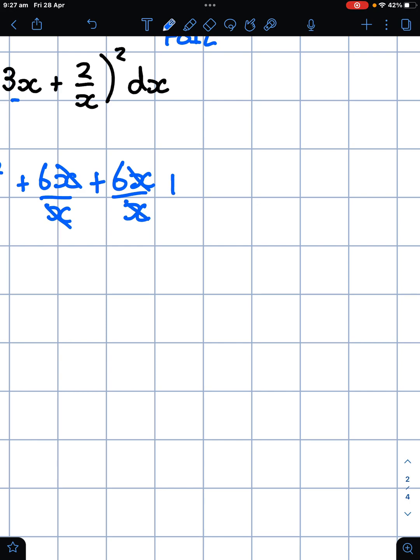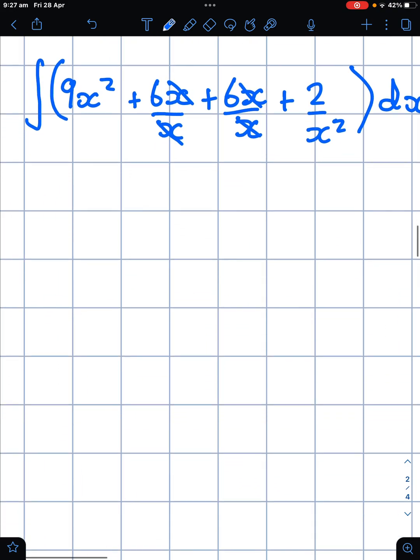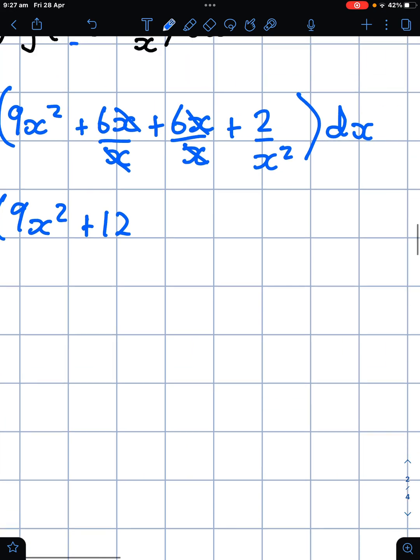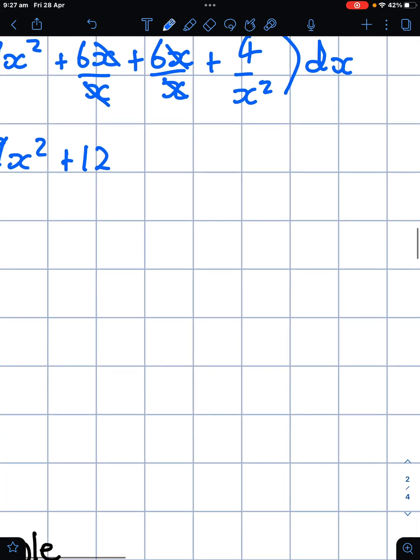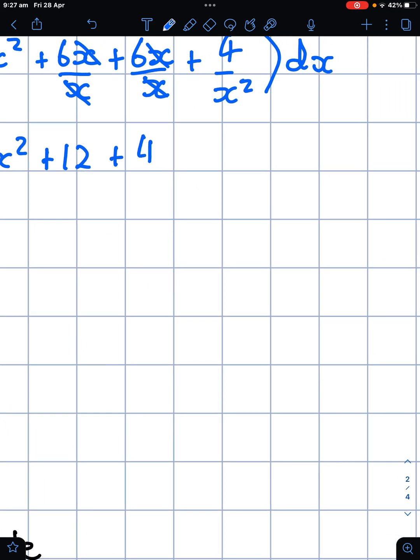And then my final term here is going to be plus 2 over x squared. And that's dx. So one more line, we got 9x squared plus 12. Oh, I missed that. 2 times 2 is 4. Okay, plus 4x to the negative 2 dx.